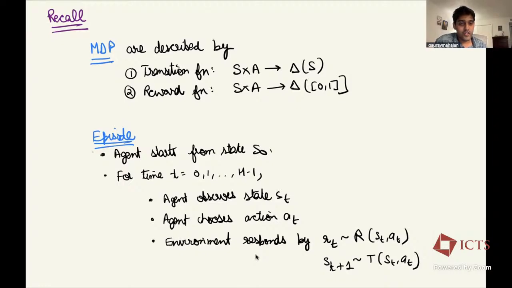So we saw that in an episode, an agent starts from some initial state S0 and then does a loop for H minus 1 times. It observes some state ST it's in, and then it chooses an action AT based on some policy.